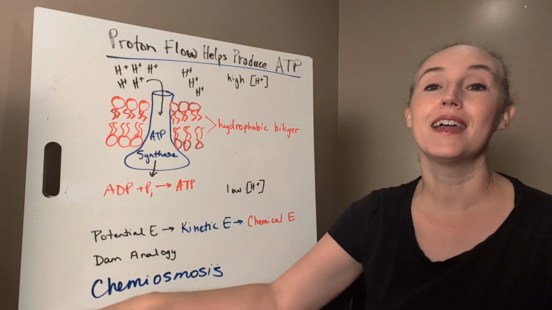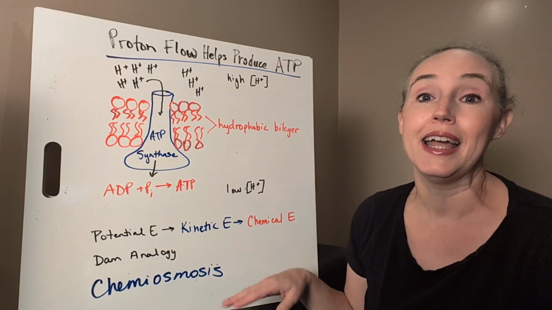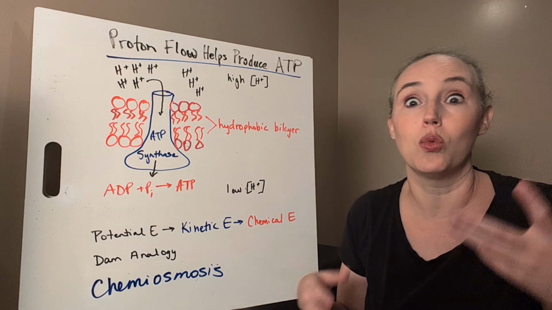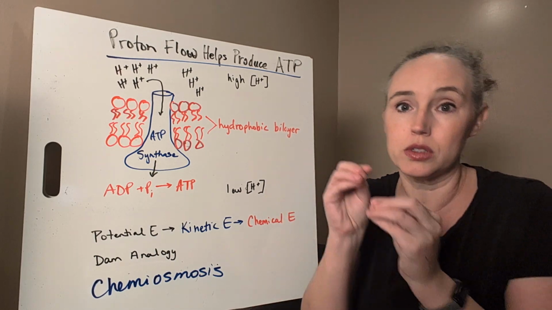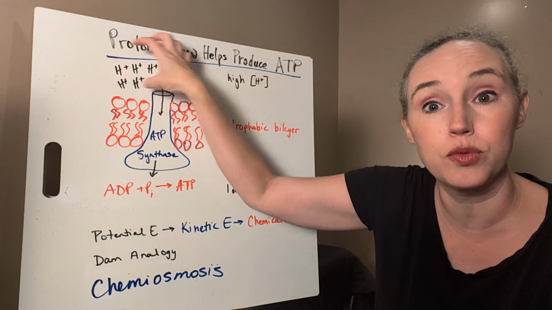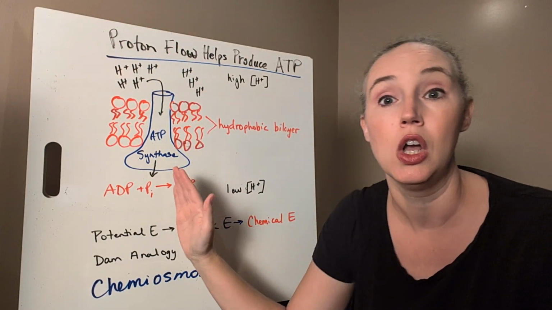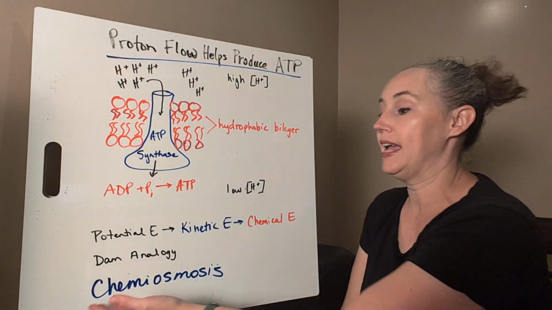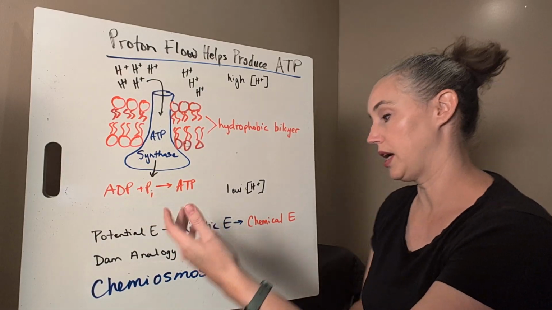We call this chemiosmosis. It's not osmosis because it's not actual water, but it's chemiosmosis, chemical osmosis, something that's not water, but it's doing the same thing. It's flowing from an area of high concentration to low concentration, and in doing so, driving another reaction.